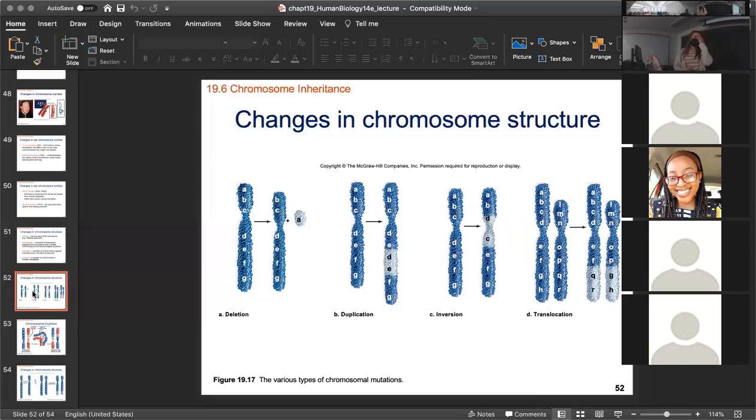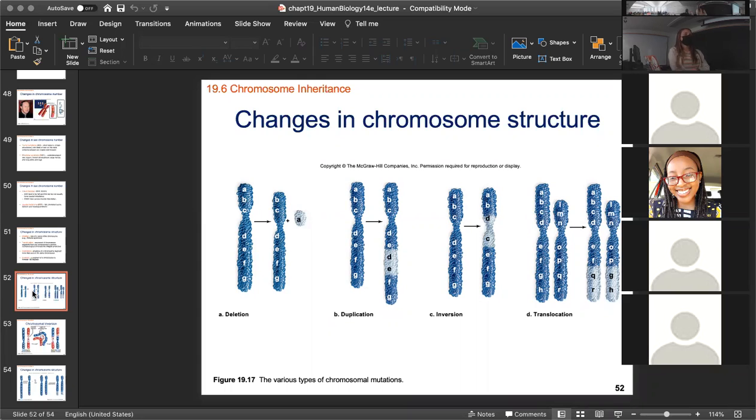You have deletion. So on that far left picture, you can see that the little a was deleted, okay, which could cause some genetic disabilities or kind of things that are hard. Duplication. Now we have DEF. Oh, wait, we have DE, DEF.